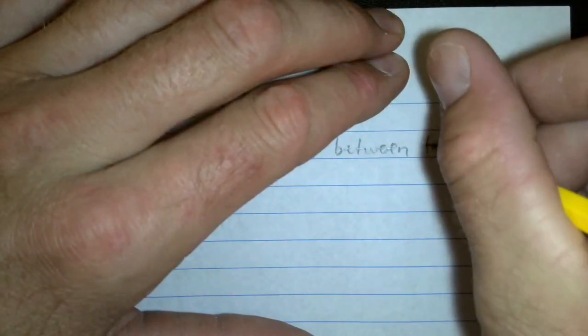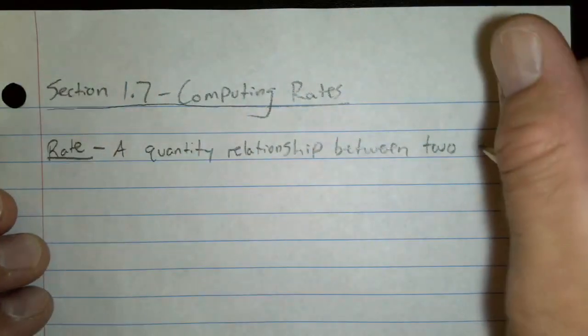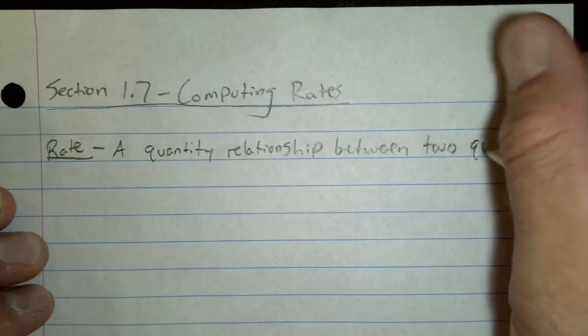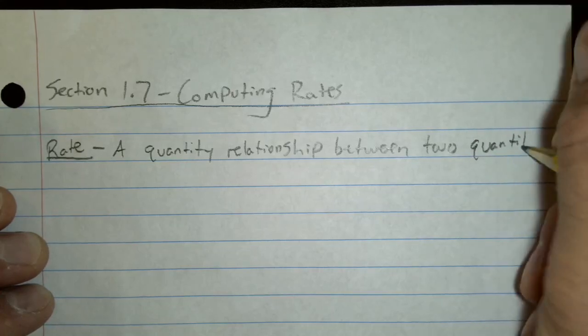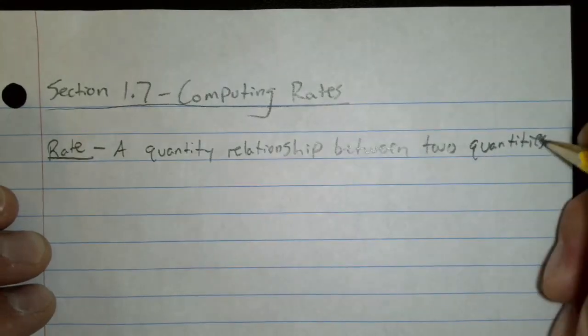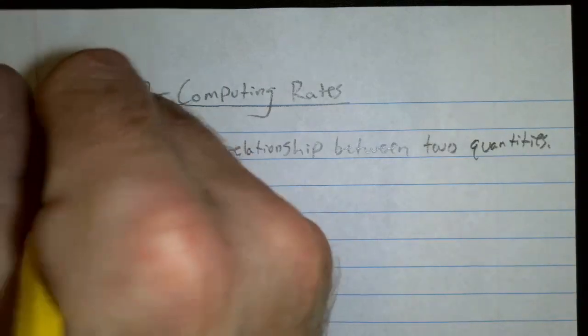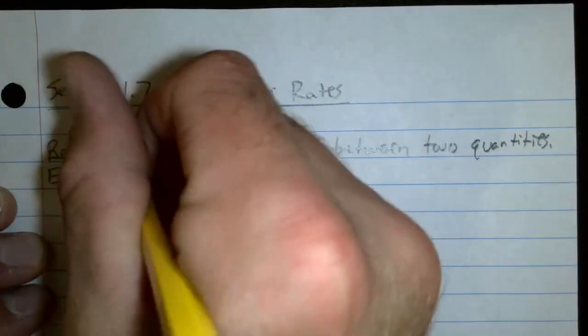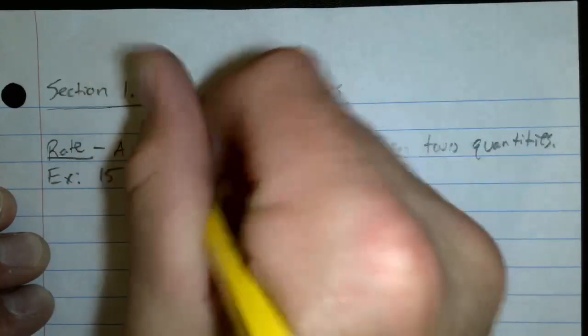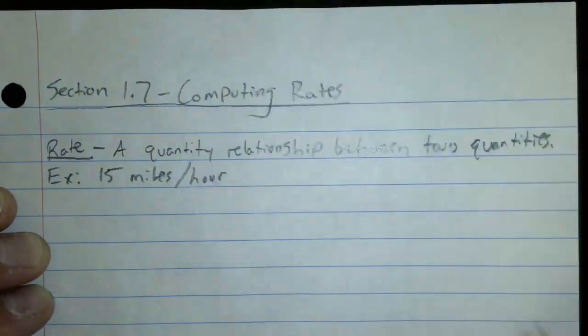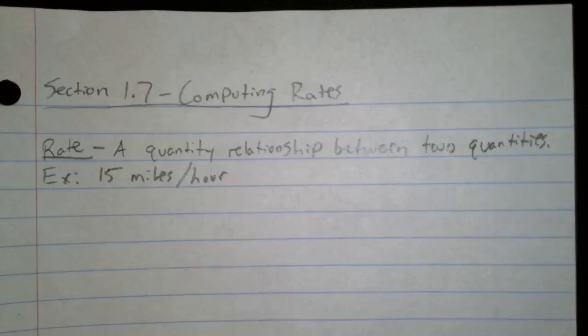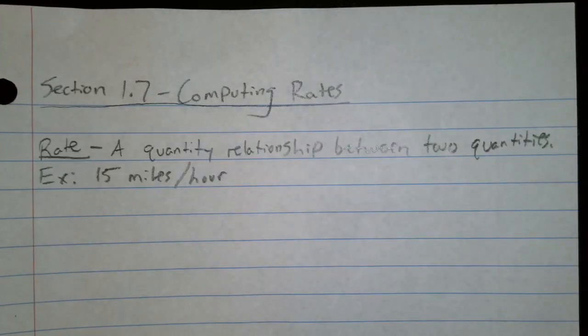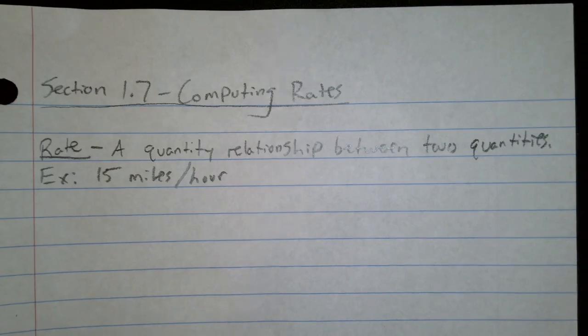For example, 15 miles per hour is the speed limit in the school speed zone. So a rate is a quantity relationship between two quantities.